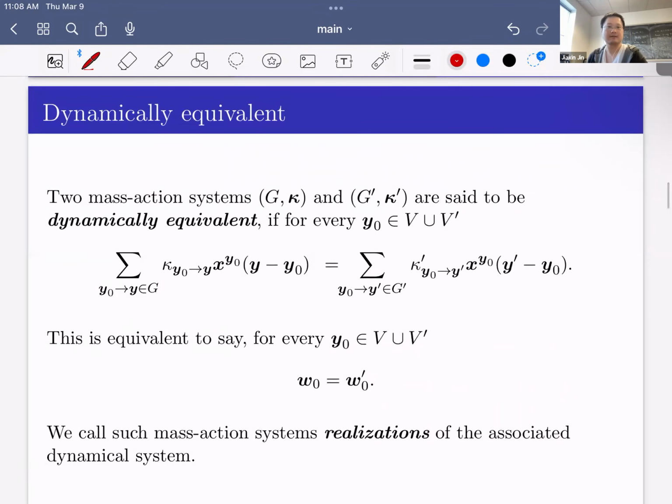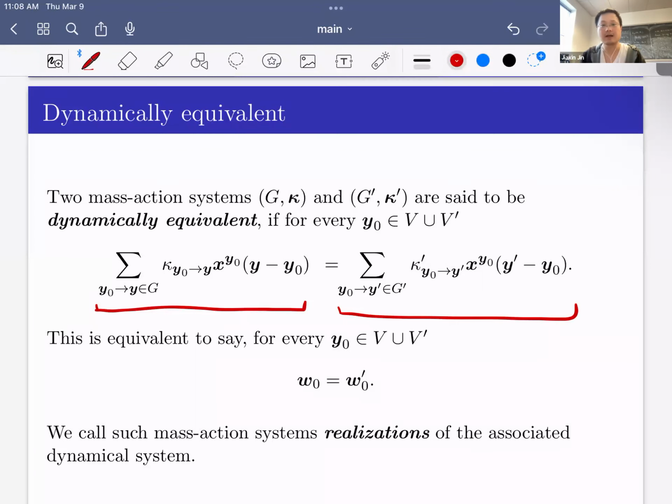Next, the second pretty important concept we will talk about is dynamical equivalence. What is it to be dynamically equivalent between two systems, G, K and G prime, K prime? Simply speaking, it means for every vertex y0 in the union of the two vertex sets, the corresponding right-hand side is the same.